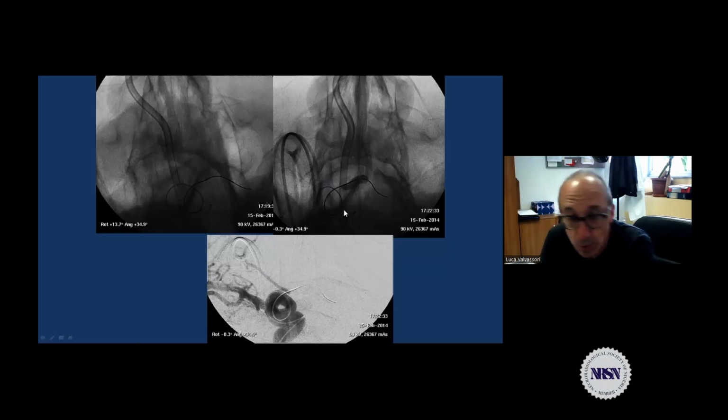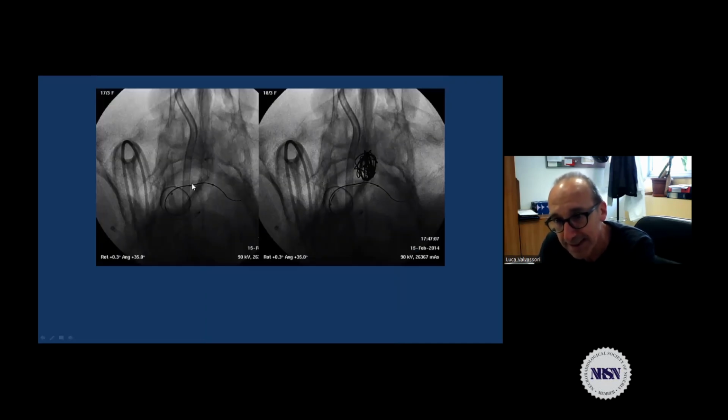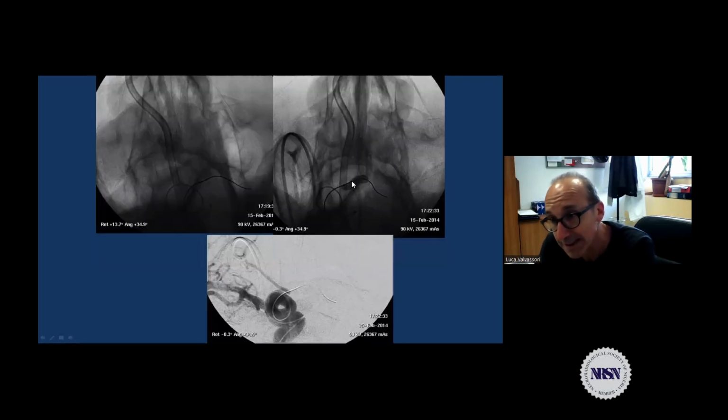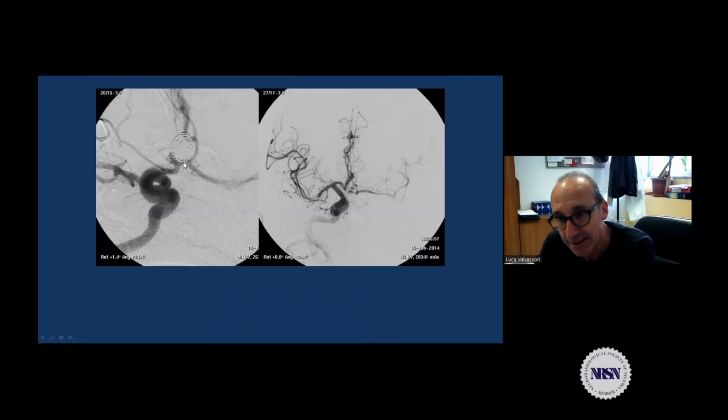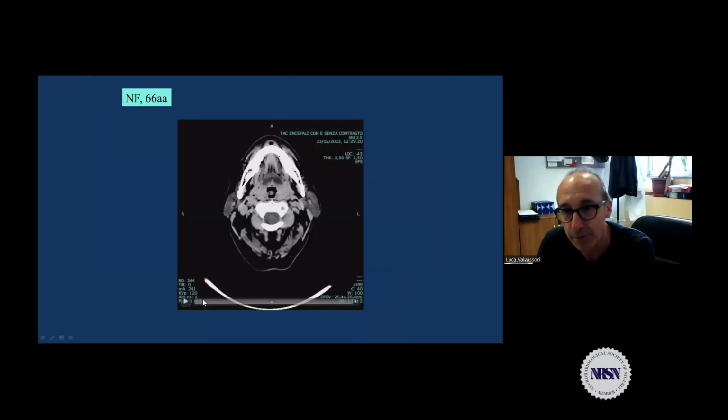What we do, which is as well a routine way of treating a large neck aneurysm, we use the balloon. The balloon is placed in the sac, at the neck of the sac, and is inflated, as you can see here, while we deploy coils. Thanks to this technique, we can have a good feeling for this neck aneurysm.